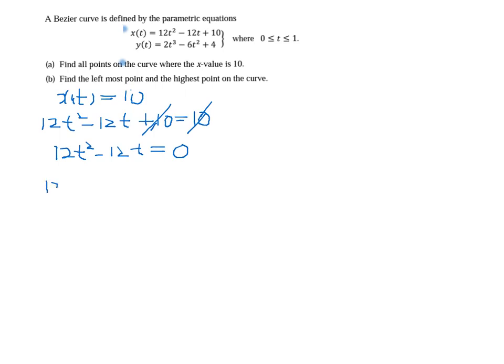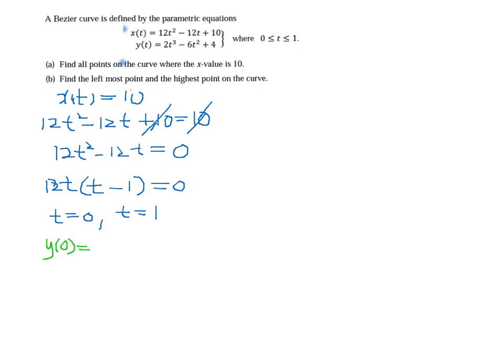With a common factor of 12t, here you have t minus 1. Eventually you end up having t equals 0 or t equals 1. So at these two t values, the x value is 10, and what we need to do then is find out what y(0) is when t is 0.